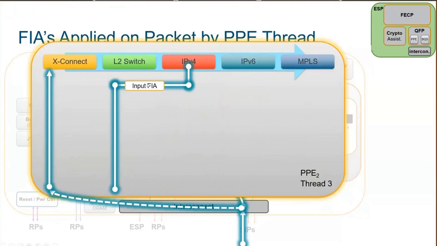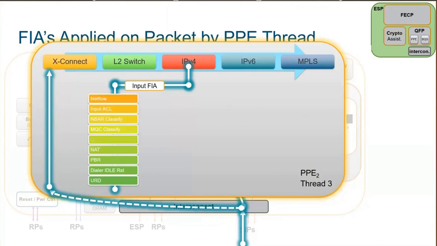Basically, on the interface, you will configure different things like ACL, QoS, where you will have markings, and you will have NAT. Those are the features you can have in either input or output direction. The features that have to be applied in the input direction are found in the input feature invocation array in this order, and the features that have to be applied in the output direction are in the output feature invocation array.